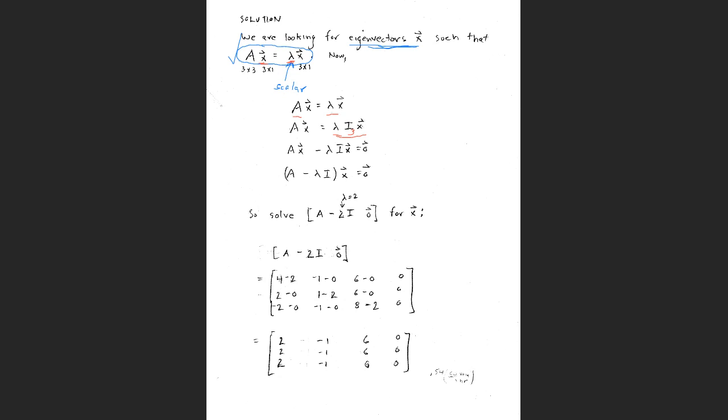Then we subtract that whole term to the left side, and we get A times x minus lambda times the identity times x equals 0. I want to solve for x, so I factor x out on the right: A minus lambda I times x equals the zero vector. This is the matrix equation that I'm going to solve.